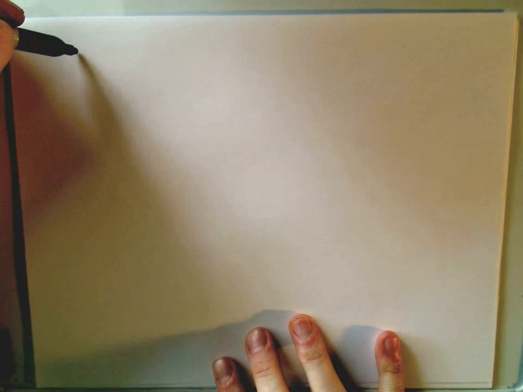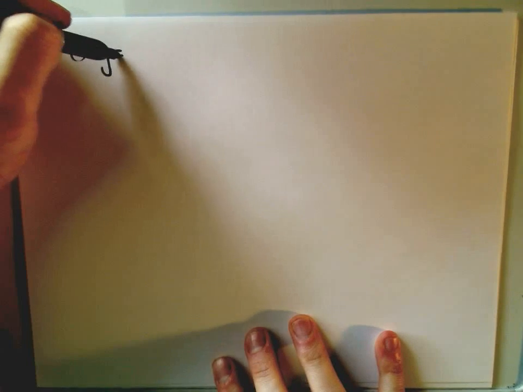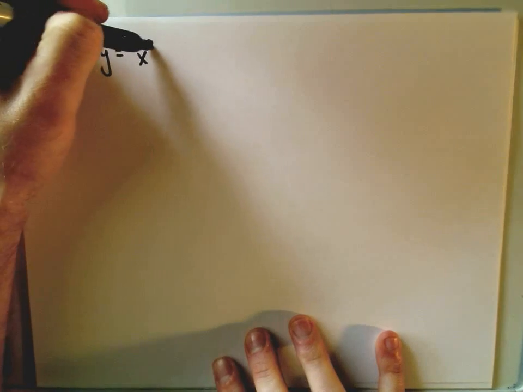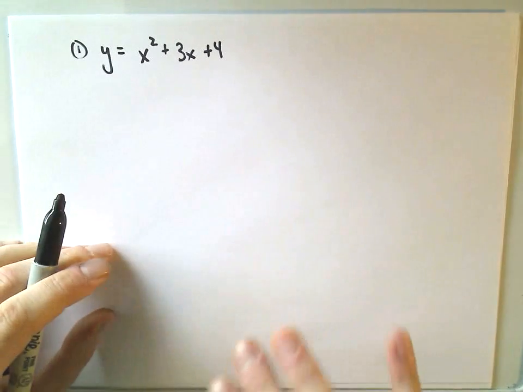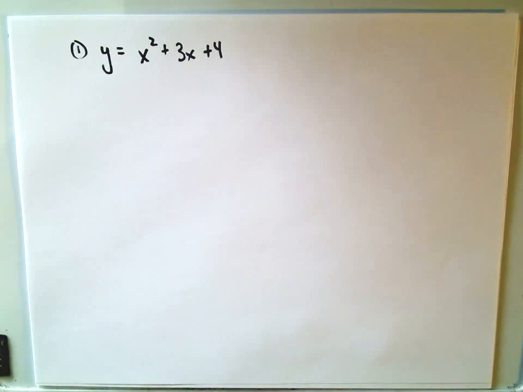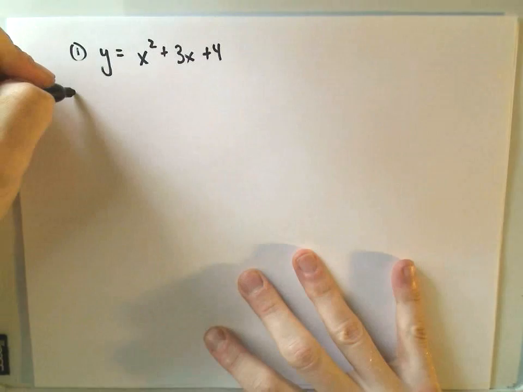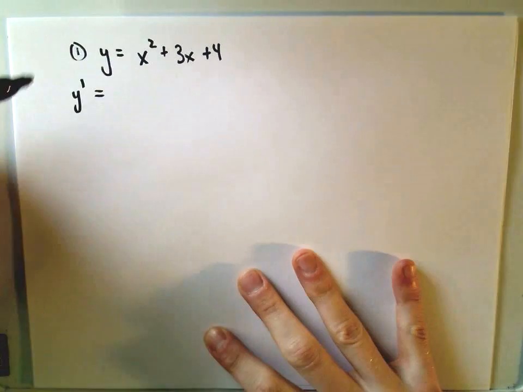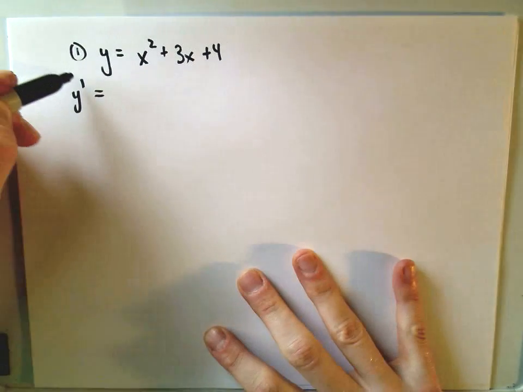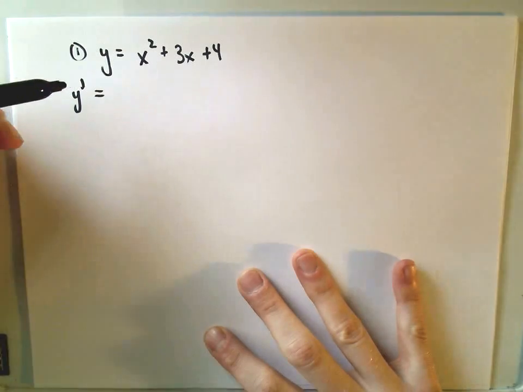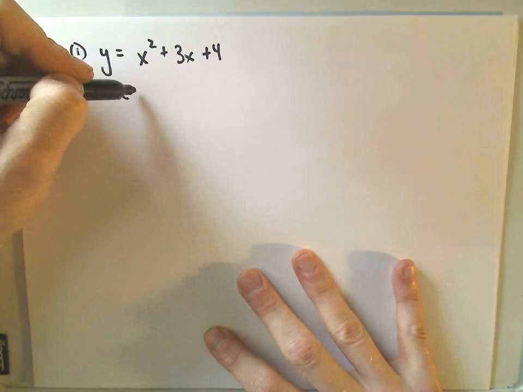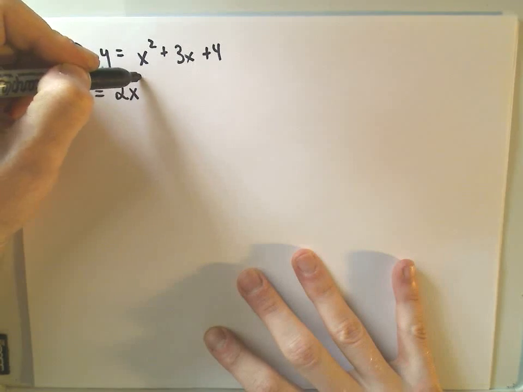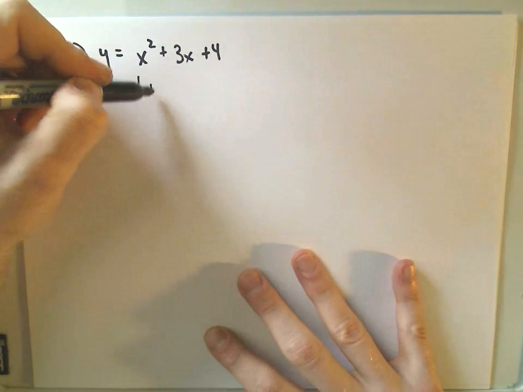So the very first one we had, we're going to take the derivative of x squared plus 3x plus 4. So kind of a very basic fundamental one here. And the rule says, okay, if you take the derivative of this, remember there's lots of different notations for the derivative. One of them just being the little prime. Whatever exponent's upstairs, it comes out front, and we take 1 away from the exponent.